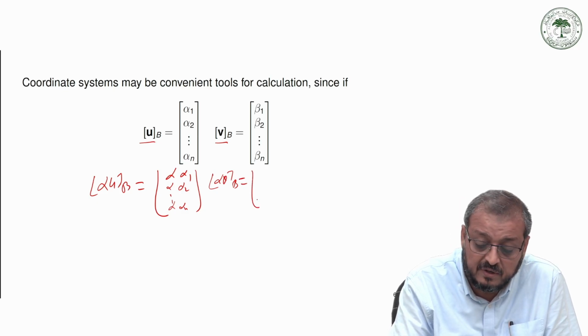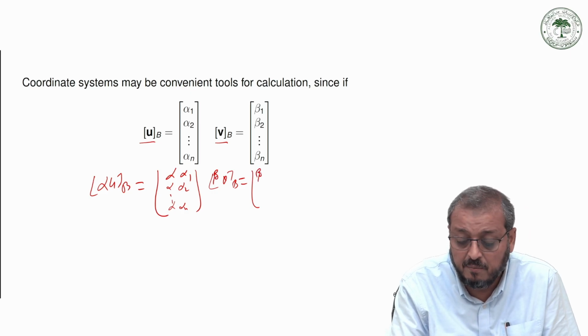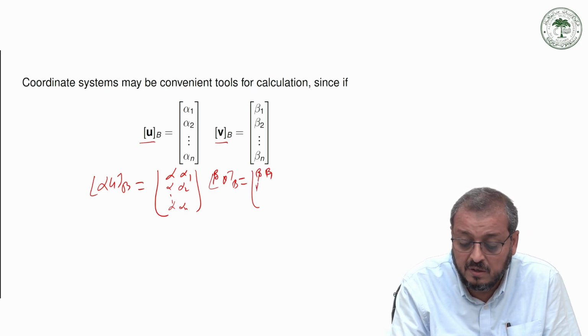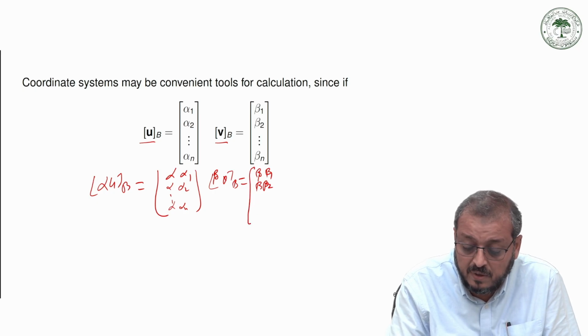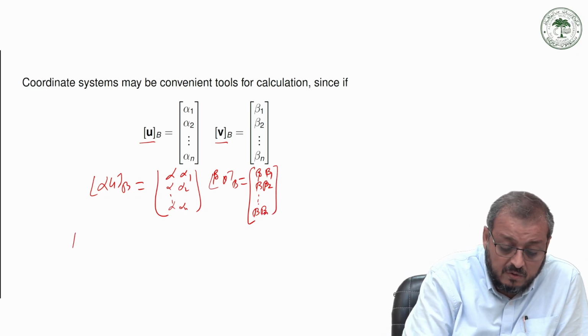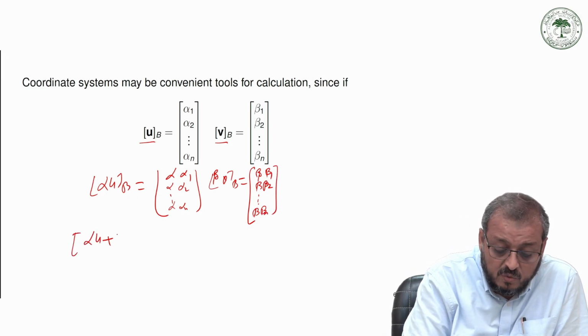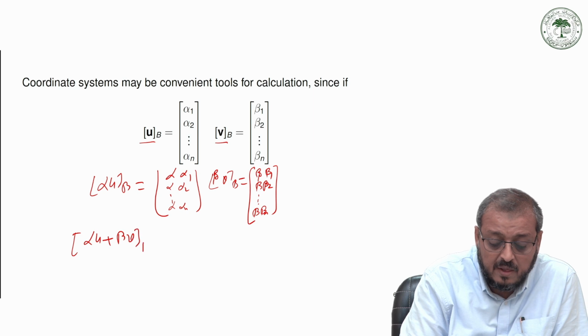We take some different scalar, so we take some beta. So we have beta beta 1, beta beta 2, and so on, beta beta n.